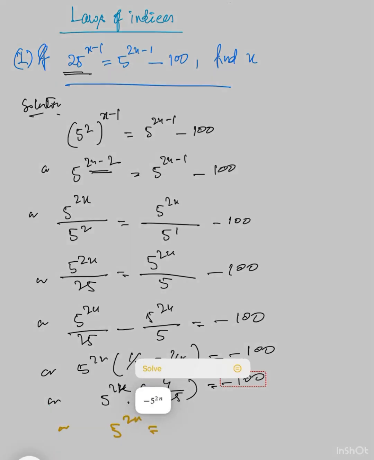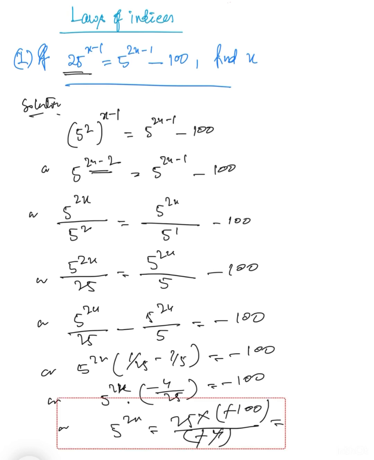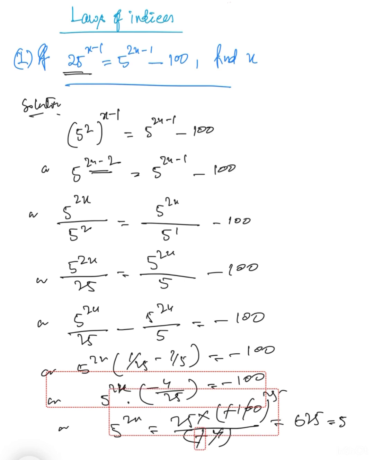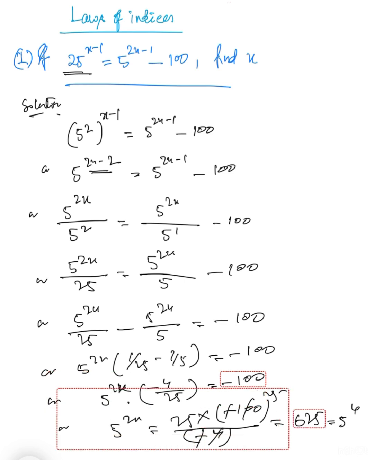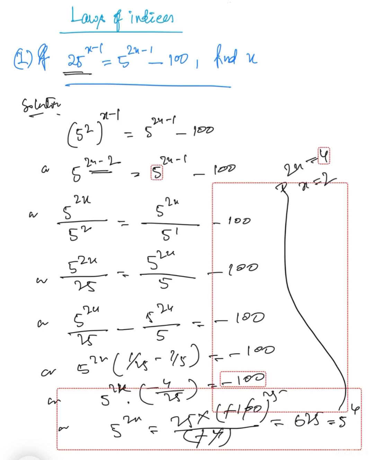5 to the power 2x equals, okay, so this is plus 25 times 25, 625, that is 5 to the power 4. So from this you can derive that 2x equals 4 and x equals 2, right?